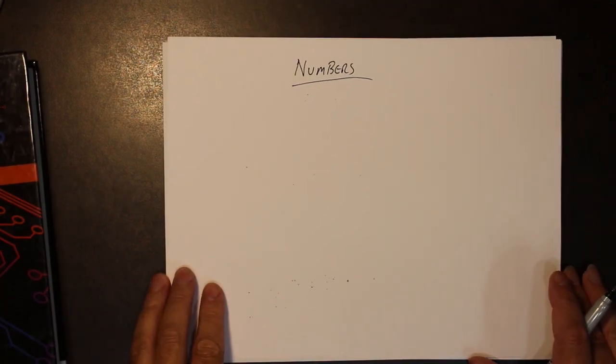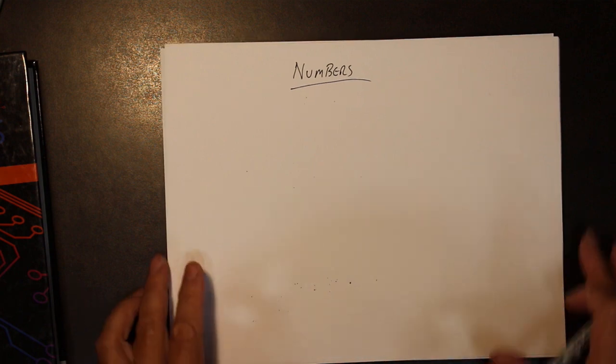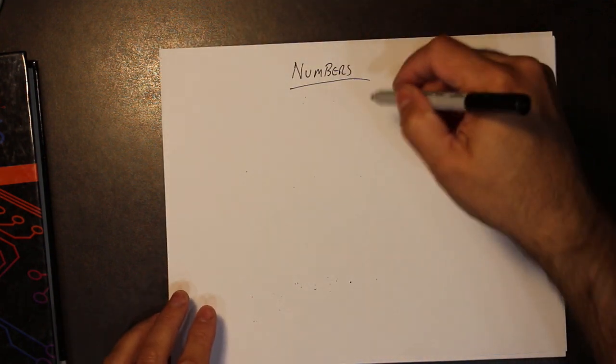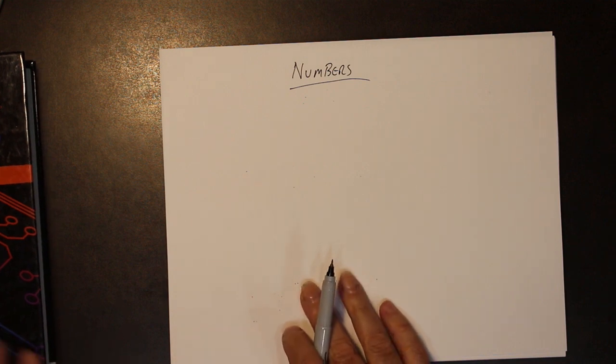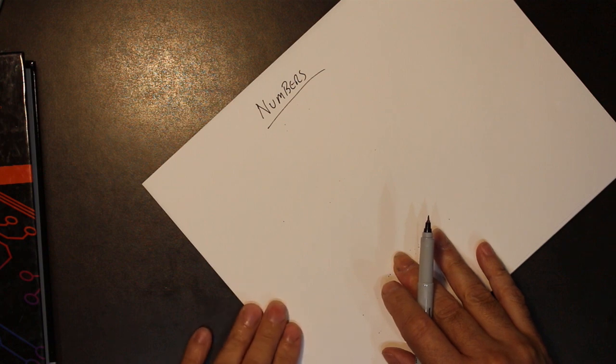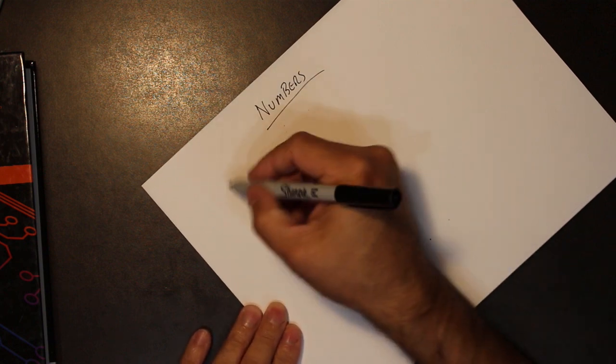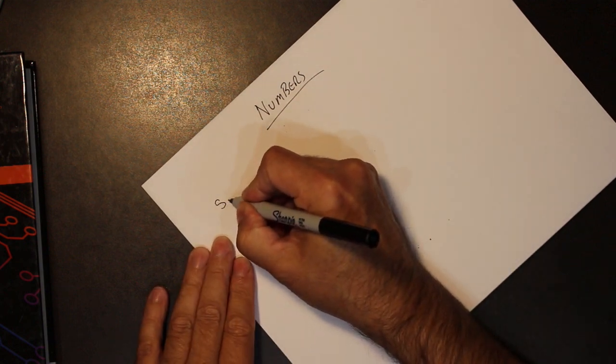All right, so we're back. Numbers. In this course, there are three different ways of expressing a value that we need to cover. The first one you've probably already become familiar with, which is in scientific notation.